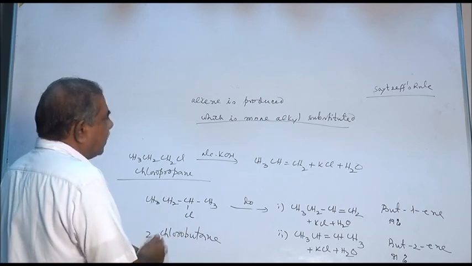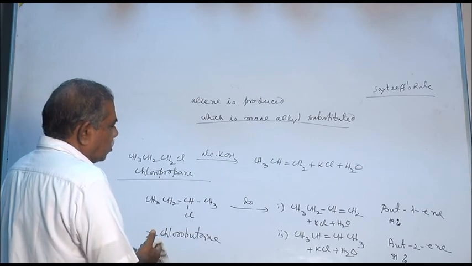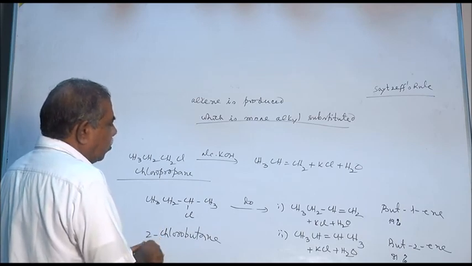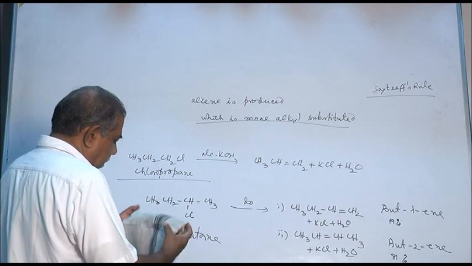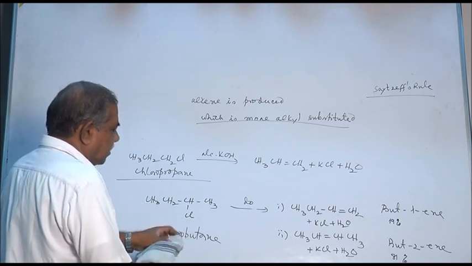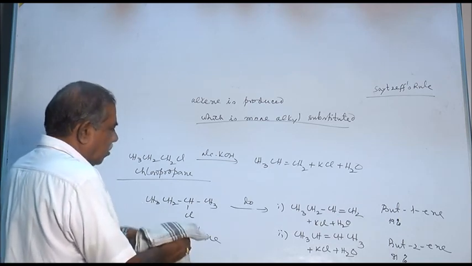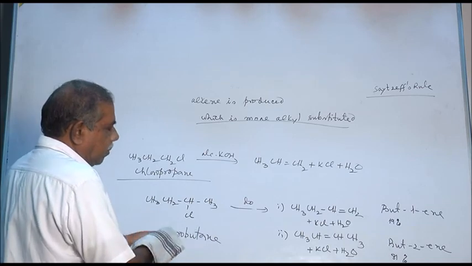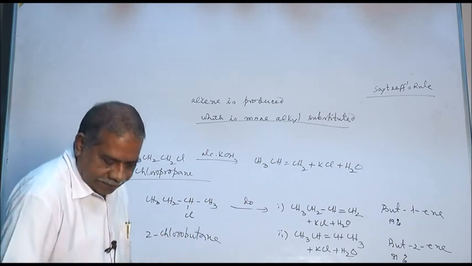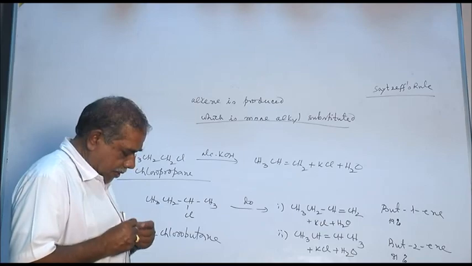This is governed by what is called Saytzeff's rule. So in both cases, you will get but-1-ene in less amount, only about 19%, but but-2-ene you will get in more amount, about 81%. This is all about today. Next time we will discuss more.